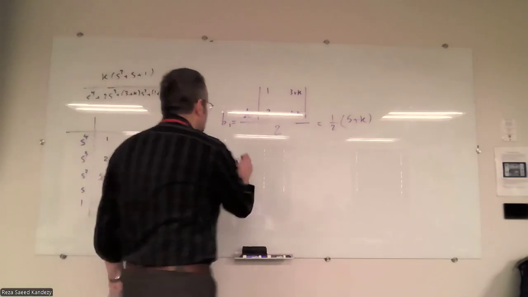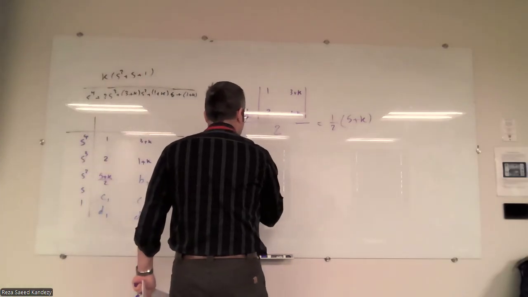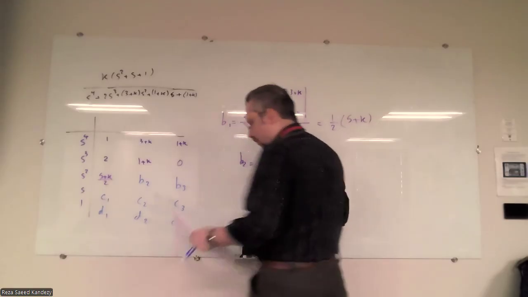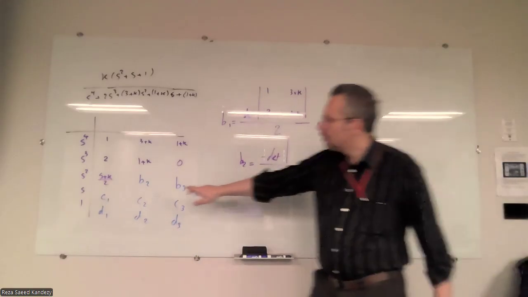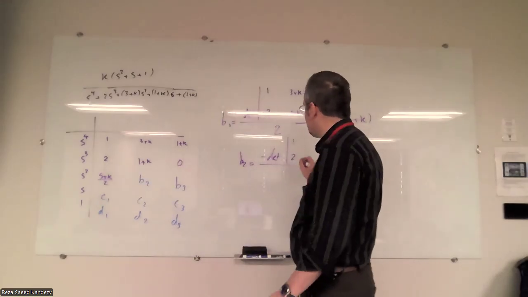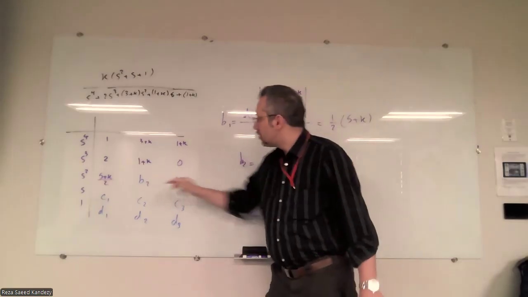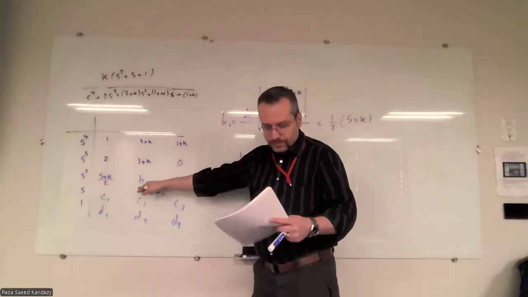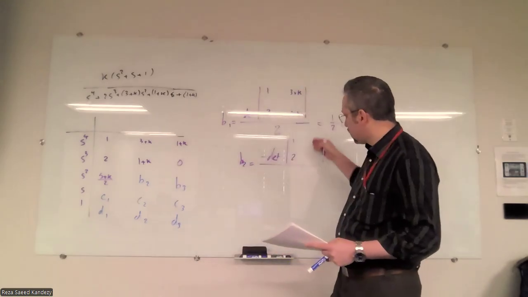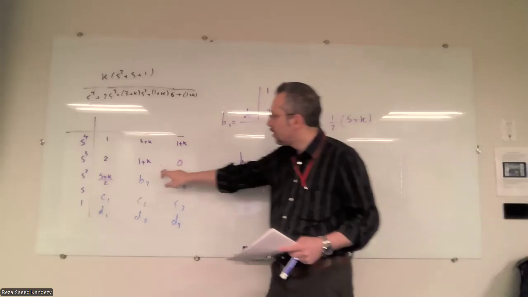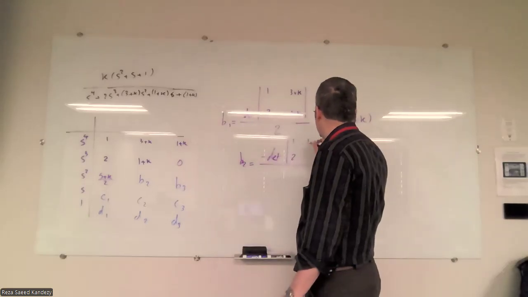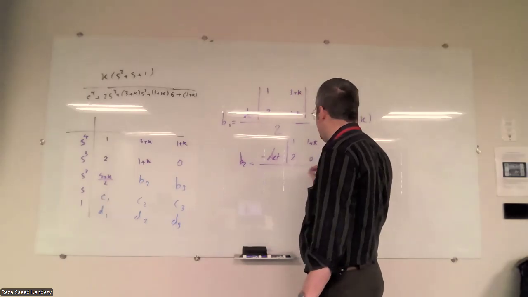Now for B2, again, we have minus the determinant of, now for B2, we again have the first column of the first two rows, 1 and 2, and then the second column of the determinant is going to be the third column of the first two rows, which is 1 plus K and 0.